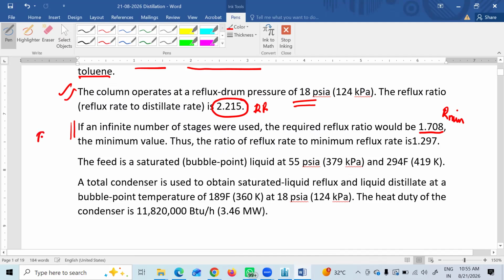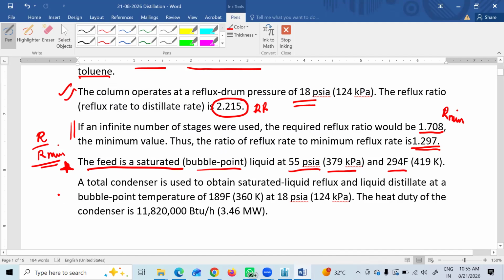So R by R minimum for such systems is mentioned here as 1.297. And of course, the feed condition is given: bubble point at a pressure of 355 psi, and it is given in SI units also, at 294 Fahrenheit. That means that is the bubble point here.